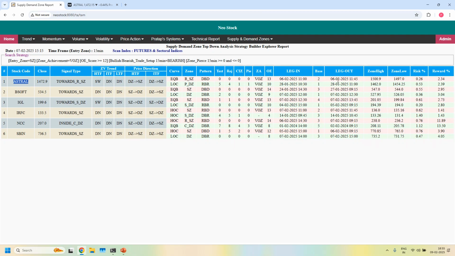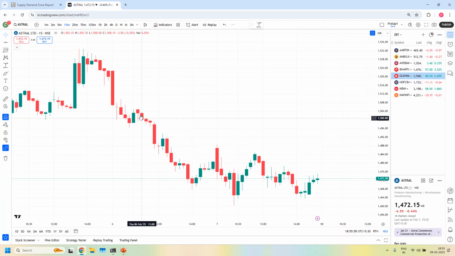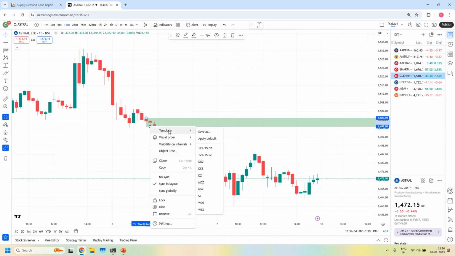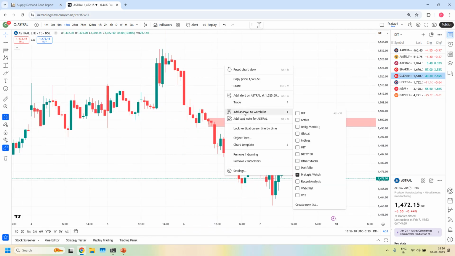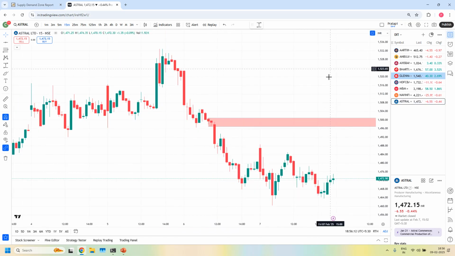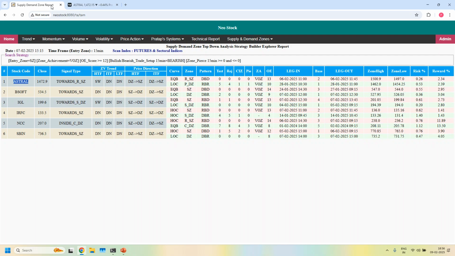Is it the same? Yes. This is a drop base drop. Let us draw the zone. So this is 15 minute supply zone. Now let us add these supply zones. So now the supply zones are bearish trade setup. Demand zones are bullish trade setup.